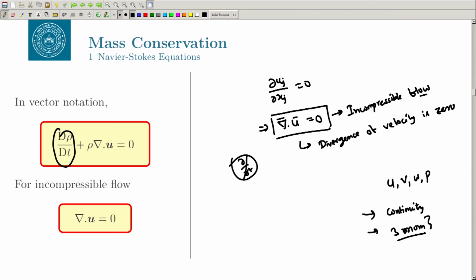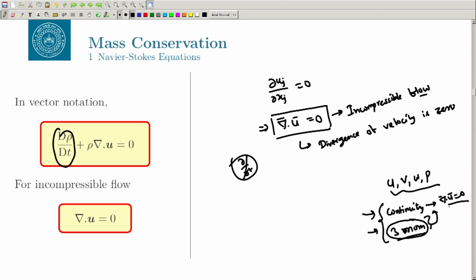So, 3 momentum equations will give you the 3 values, okay. But the continuity is just a condition, it is not a dynamical equation, right. So, it is just del dot u equal to 0, right. So, you cannot solve all using del by del t, right. You need to do something special for the incompressible flow, because you have 4 unknowns and only 3 equations, and then 1 condition, right.